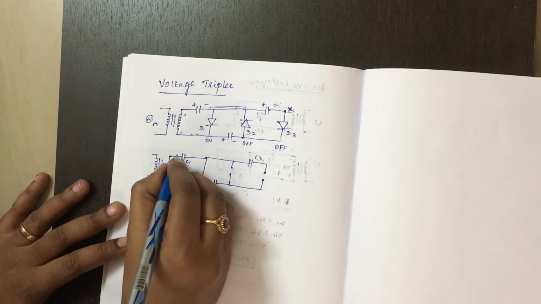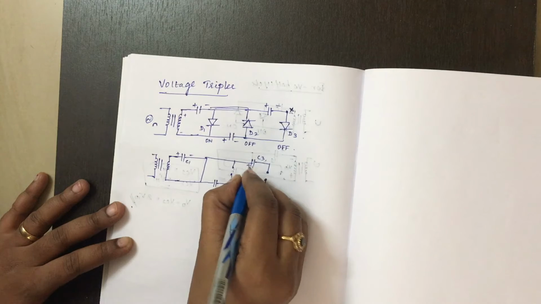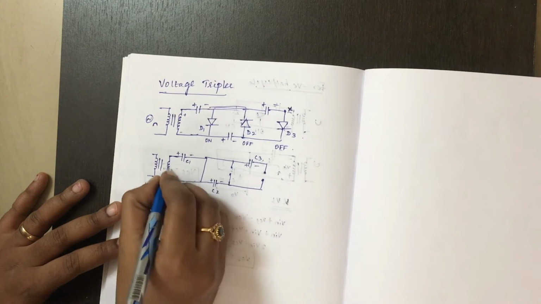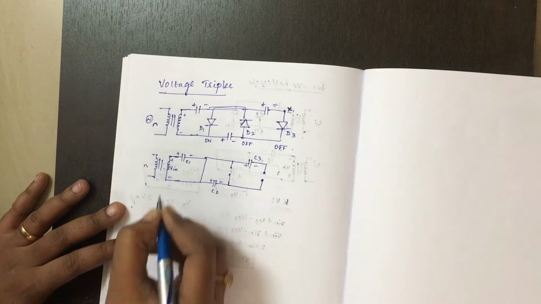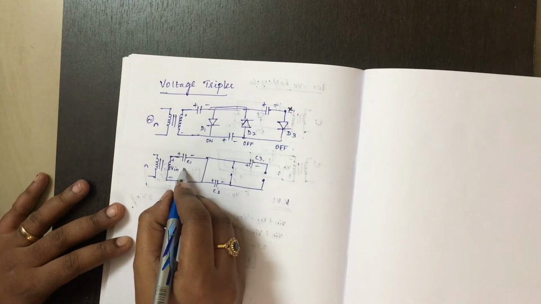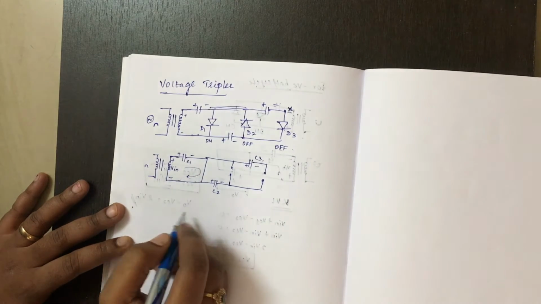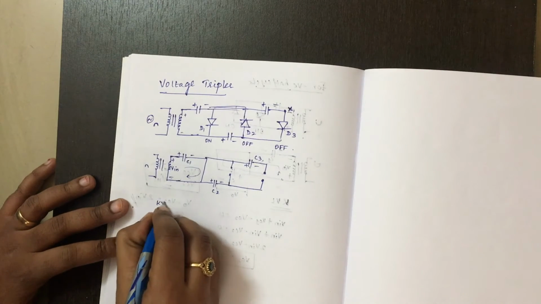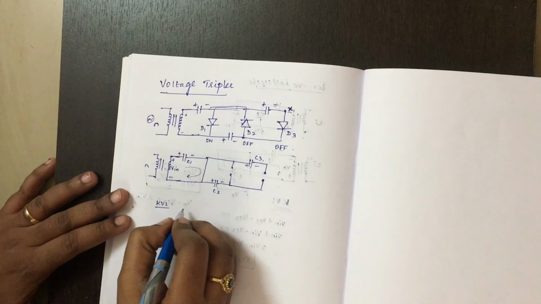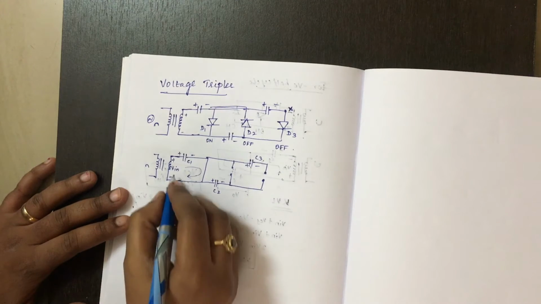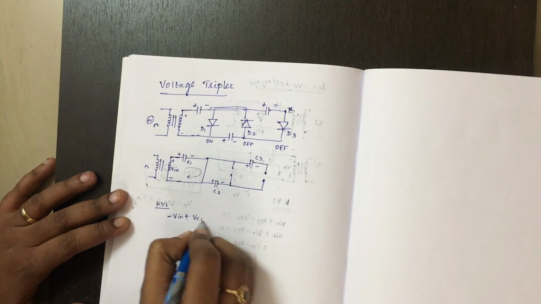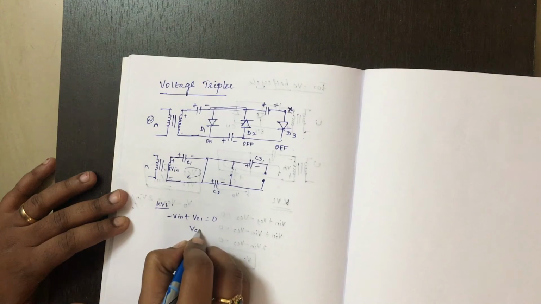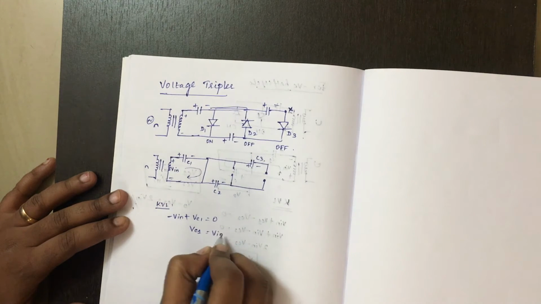Okay, so positive, negative, these signs are very important here. This is Vin, and here first you will be applying a positive signal. So like before, you need to apply KVL. When you apply KVL, this minus to plus is minus Vin, plus to minus is plus Vc1 is equal to 0. So voltage across capacitor C1 is Vin.